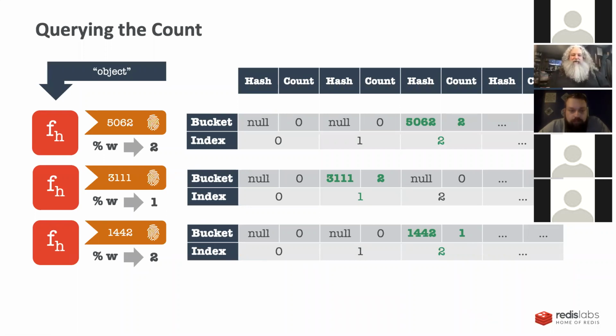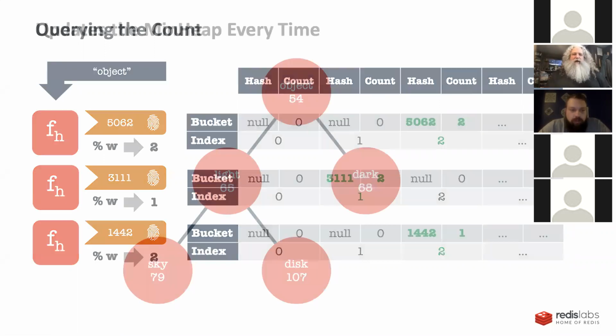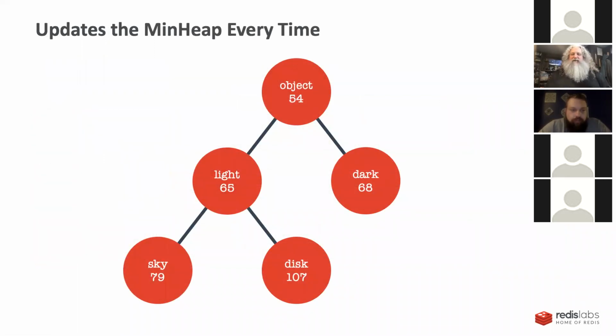And the reality of it is that all of them can shrink. And so the counts coming out of a heavy keeper are unreliable. They're guaranteed not to be bigger than the correct number, but it's fairly likely that they'll be smaller than the correct number. And so what happens here is that when we're adding things, we get new counts, we update our min heap every single time that happens. And if it's appropriate to push that onto the heap or not, we do.